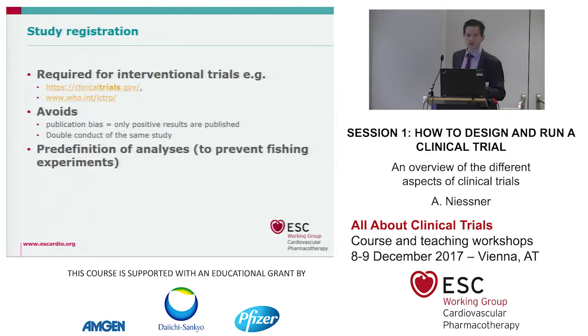So if there's an ongoing study already on this topic, you find out, and you do not do double conduct on the same question. And this is an important thing, if you do study registration, you should already predefine your sub-analyses to prevent fishing experiments. So you need already to define at this stage what analysis and sub-analyses you want to perform.